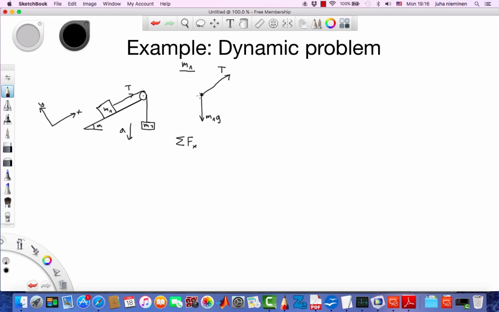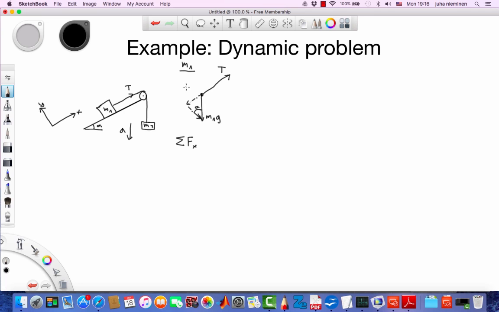We can divide the gravity into two components. One along the incline, and another one perpendicular to the incline. The angle alpha, in this case, is found here.